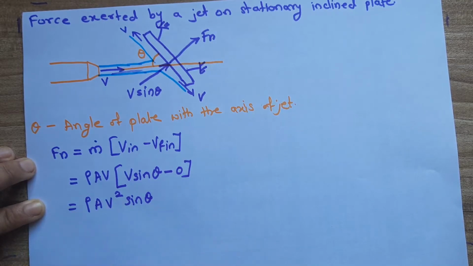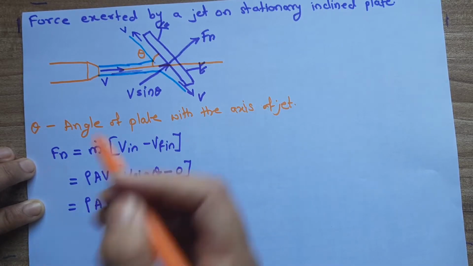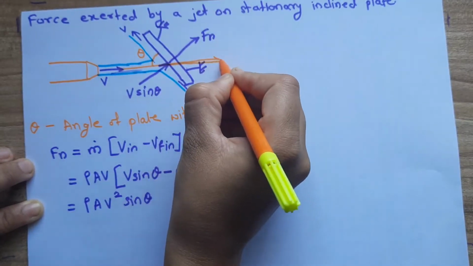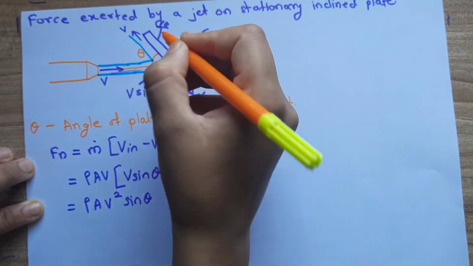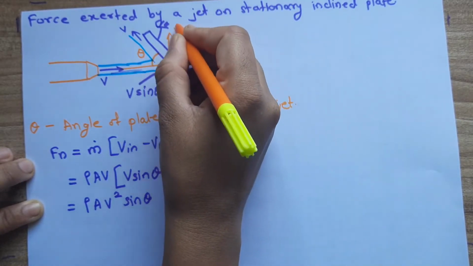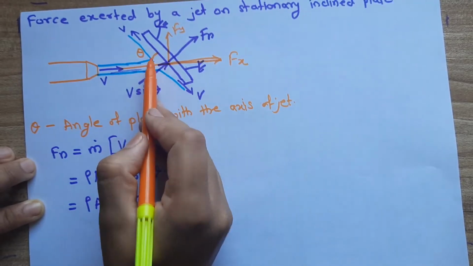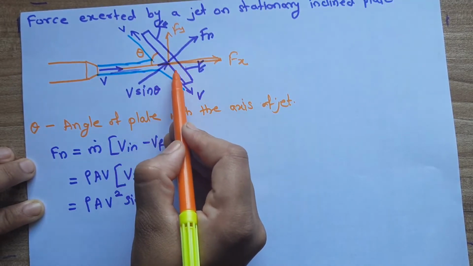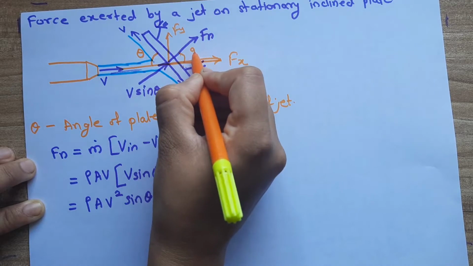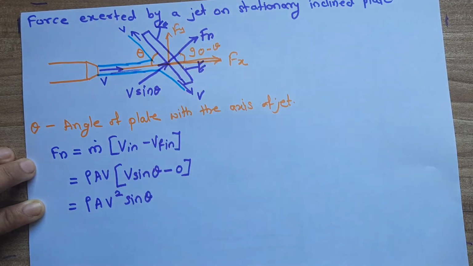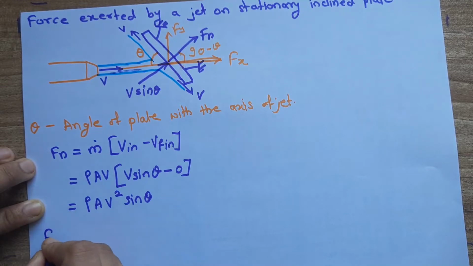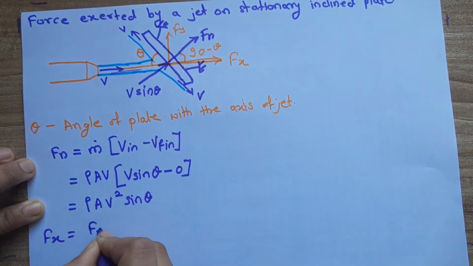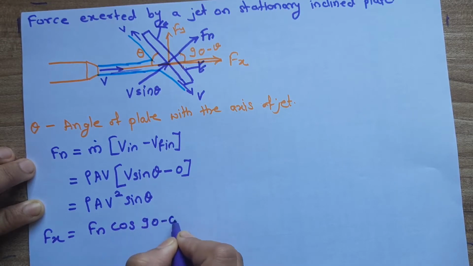Now as we have found the normal force, if we take the components of this, okay, so this is Fx, this will be Fy. As this is angle theta, this angle will also be theta. That means this angle will be 90 minus theta. So we can write Fx is equal to Fn cos of 90 minus theta.